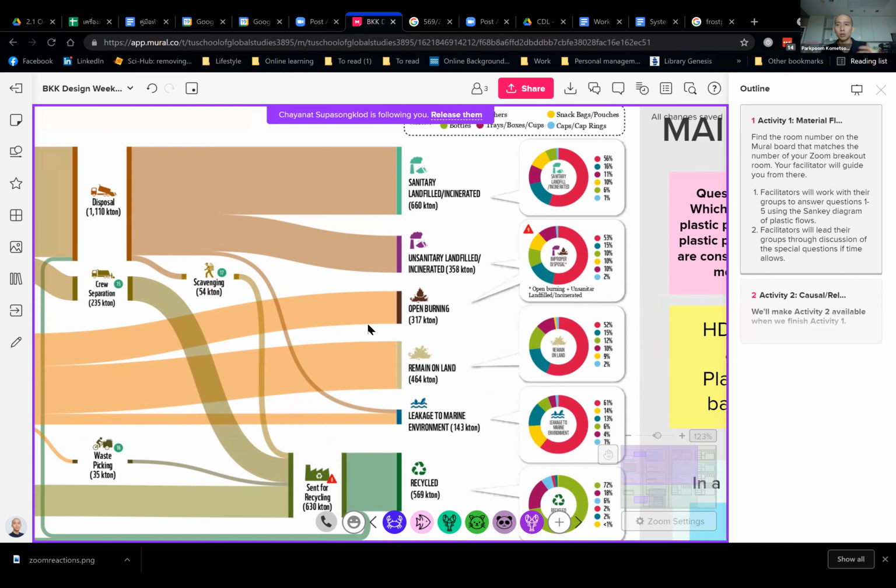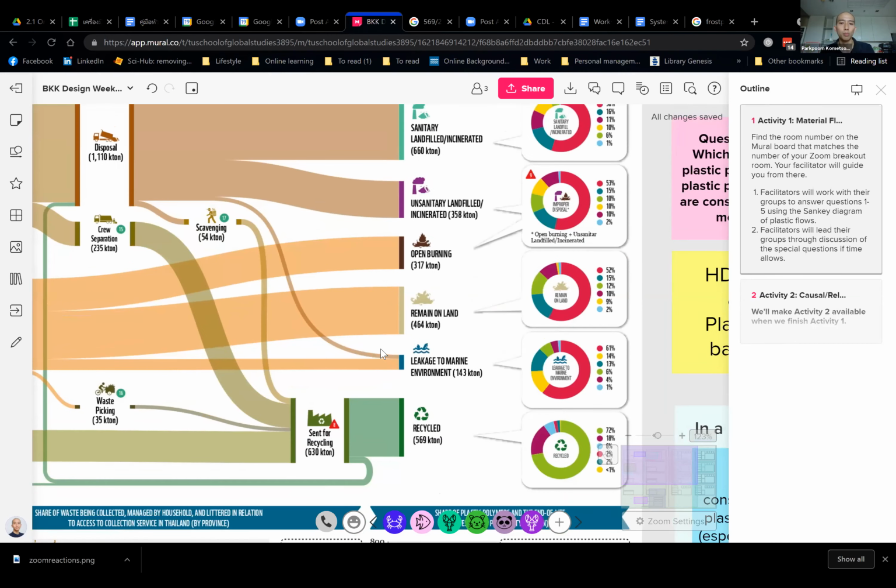Unsanitary ones are improper, don't follow the standard, or have a poor management system, so waste also leaks out from the landfill into the environment. Or it can be open burning, which happens a lot on islands that don't have enough capacity to treat the waste properly, or it could remain on land or leak to the marine environment.